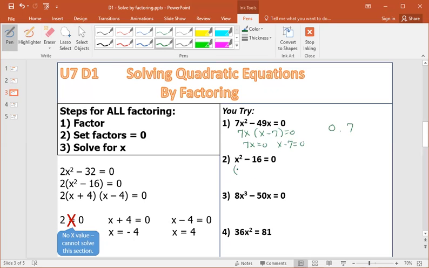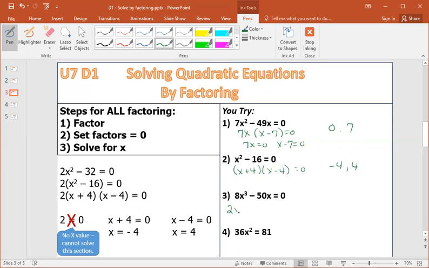Same here, x plus 4, x minus 4. So we have -4 and +4. Okay, so now I'm looking at 50. That's not divisible by 8. So I have to say, well, what number is divisible by 8? I can have a 2.